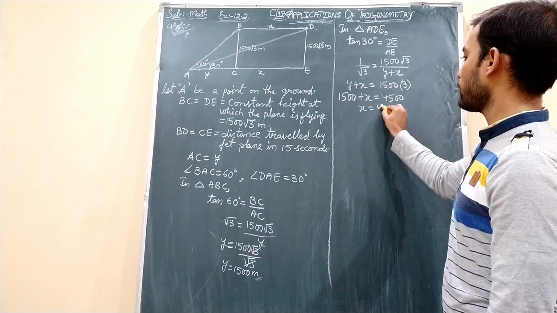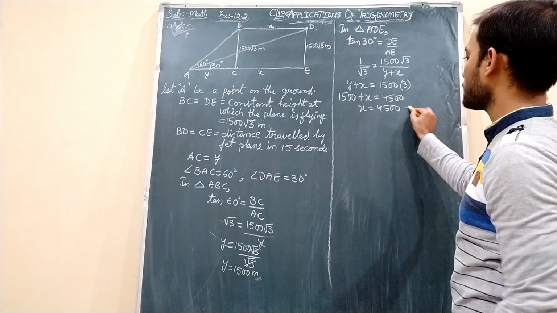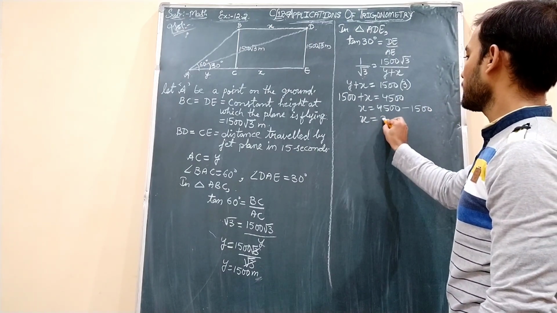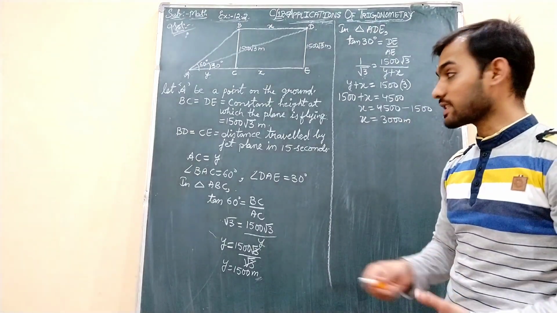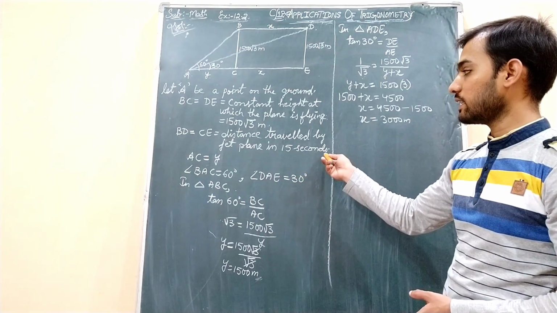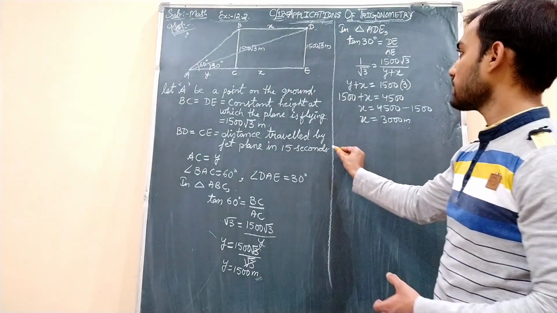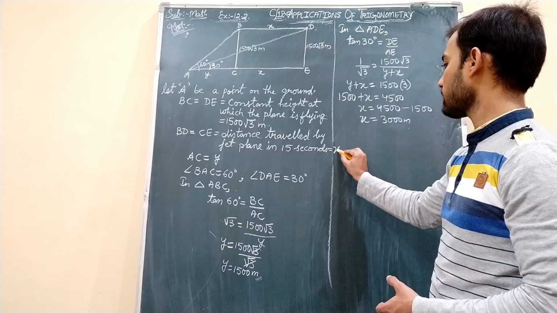Then X is equal to 4500 minus 1500 after transposing, and when you subtract, you get 3000 meters. This means the distance travelled by the jet plane in 15 seconds is 3000 meters, students. This we have taken as X, right? I will write here X.